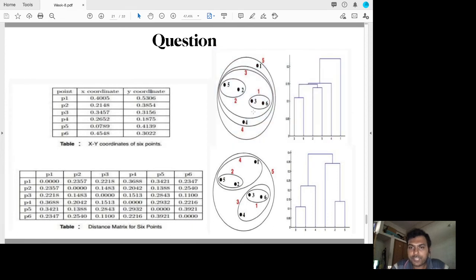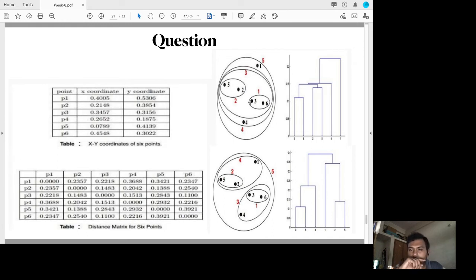So if you had gone by min linkage, then what will you see? Suppose you are looking at the distance between the point 2 and the cluster which you have formed in cluster 1. Which is the distance that you should look at when you are trying to compute the distance between 2 and this cluster?